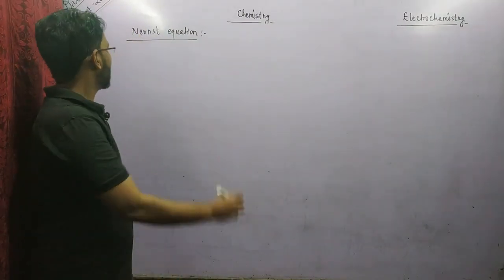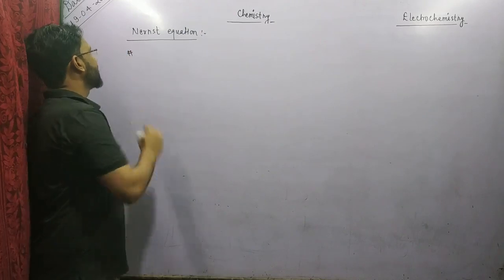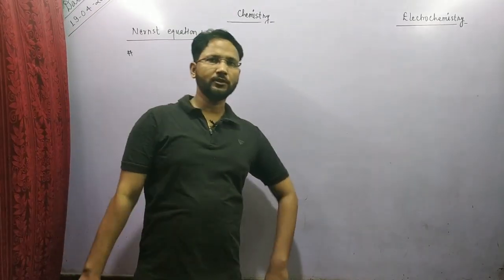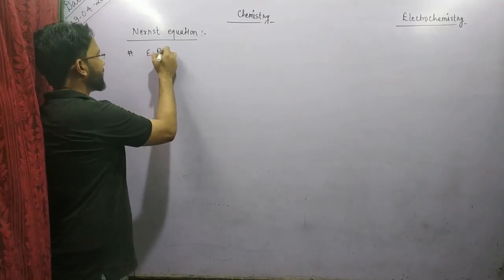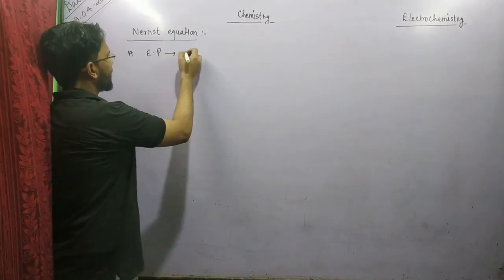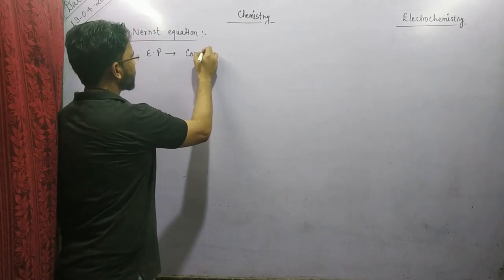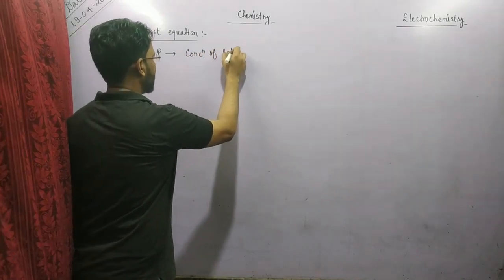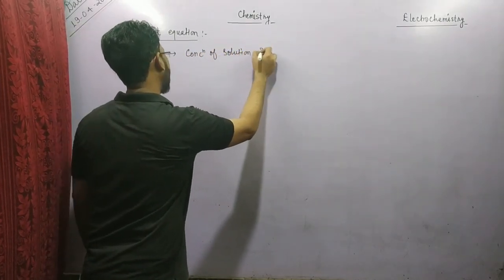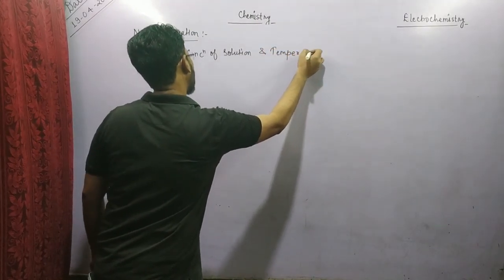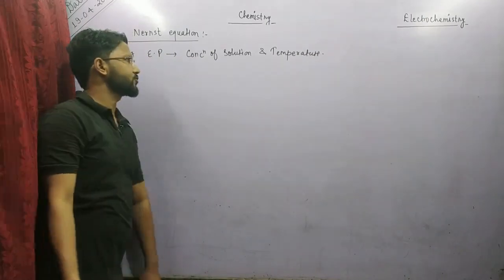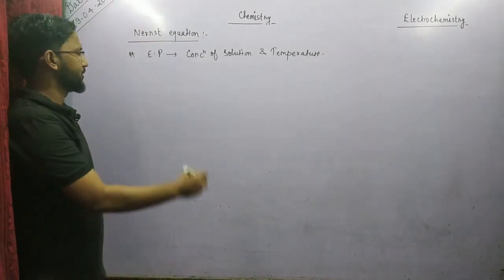So first of all, we are talking about the Nernst equation. Electrode potential depends on the concentration of the solution and temperature. We already discussed this.